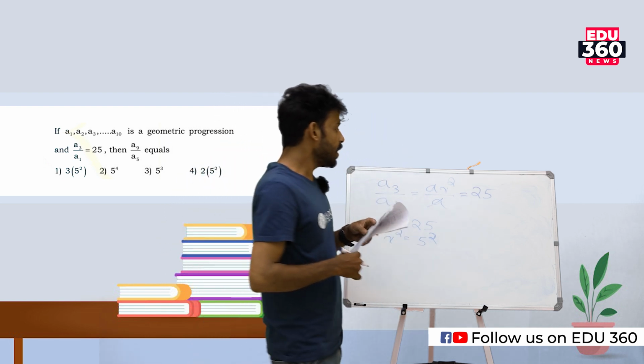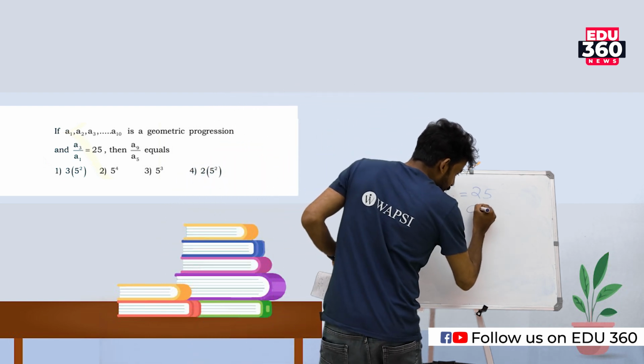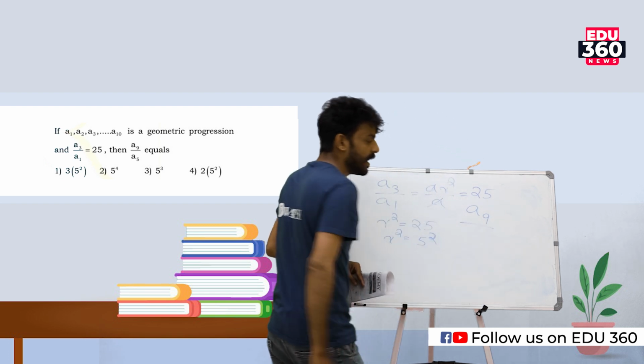Okay, so in the question they are asking us to find a9 by a5.